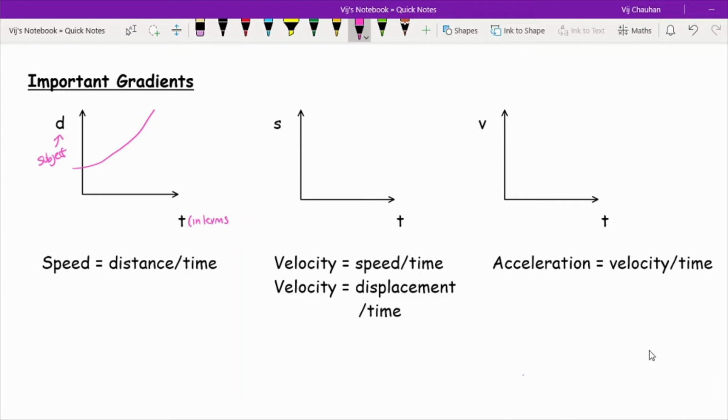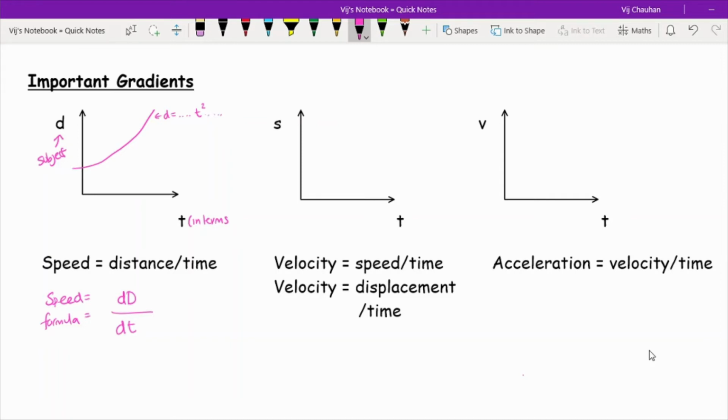The formula would be d equals something in t; in this case it looks like a parabola, so it'd be t squared, etc. The speed can be worked out from the gradient function, so the speed formula is dD over dt, with a capital D for distance. So I could work out the speed at any point of this graph without drawing it, by working out the gradient function of d with respect to t.